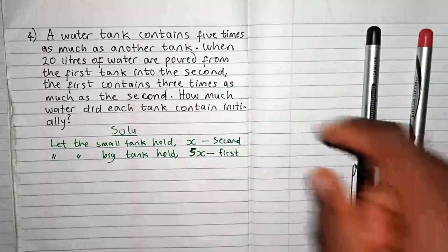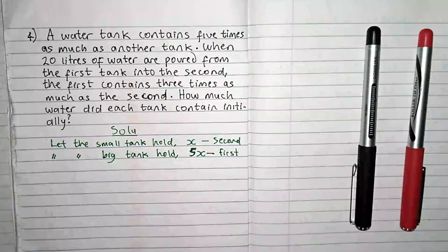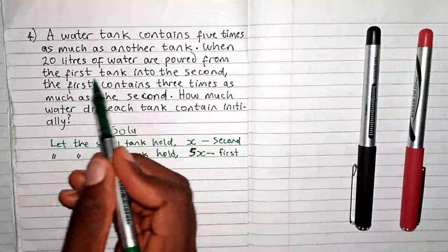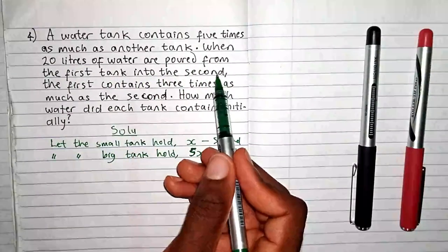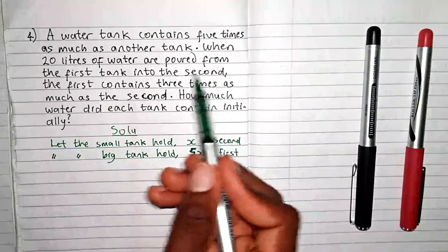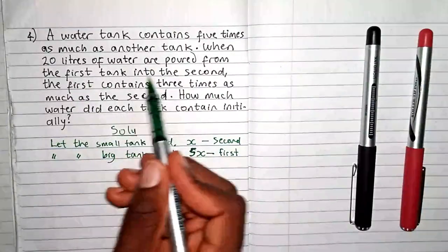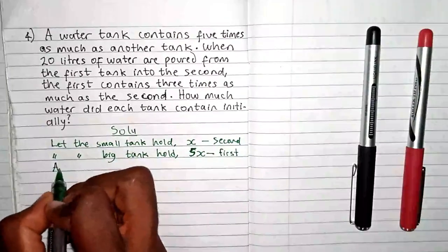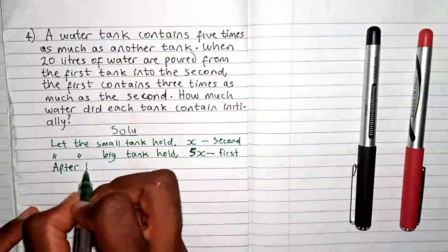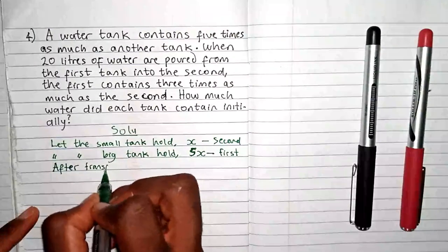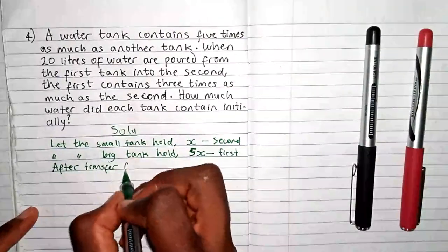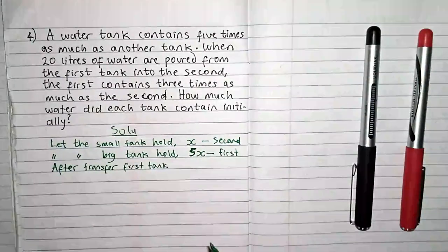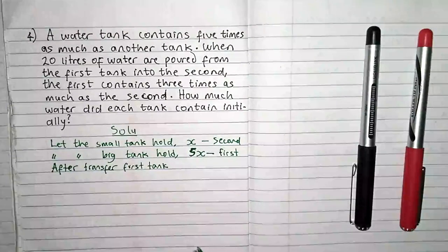So let's continue. When 20 liters of water are poured from the first tank into the second tank, we are transferring 20 liters from the first tank to the second, meaning after transfer, the first tank, or the big tank, mind you, will contain 20 liters less.